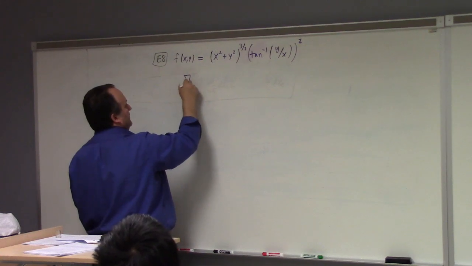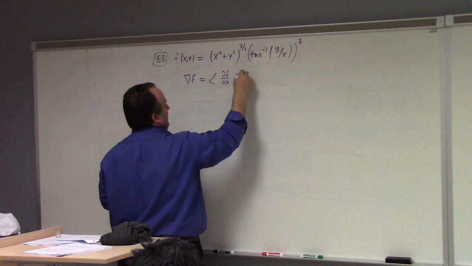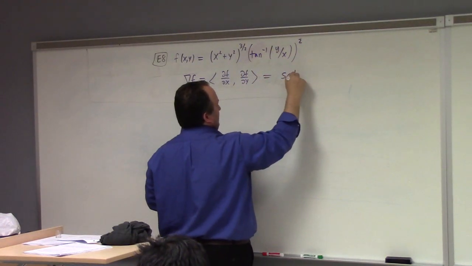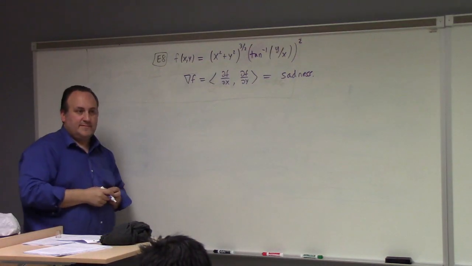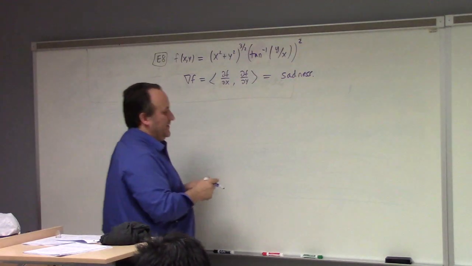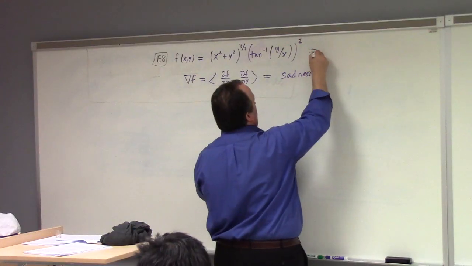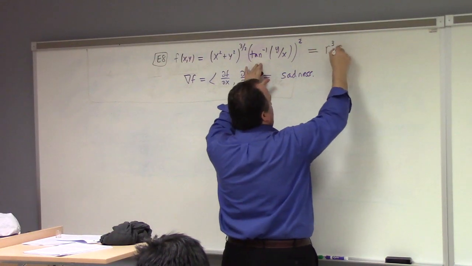So if we calculate the gradient of f as partial f partial x comma partial f partial y equals sadness. Agree? Sadness. But if we look at this function in polar coordinates, this is nothing more than r cubed times theta squared.